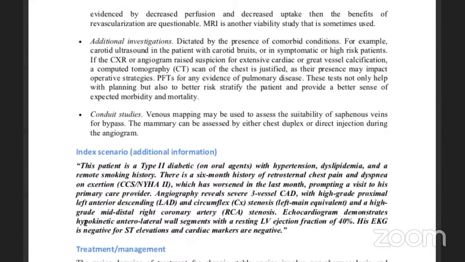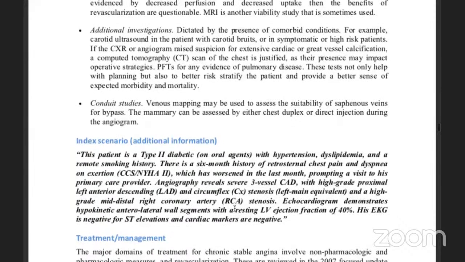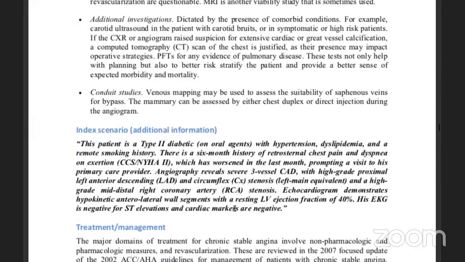Maybe if he is dyslipidemic with high LDL, he needs another medication for his dyslipidemia. That's what I think maximum medical therapy means. He doesn't need to be on dual antiplatelets because he did not have a stent. He doesn't need to be on a beta blocker because he did not have an MI, an ACS. I think that's it. Did I forget something?